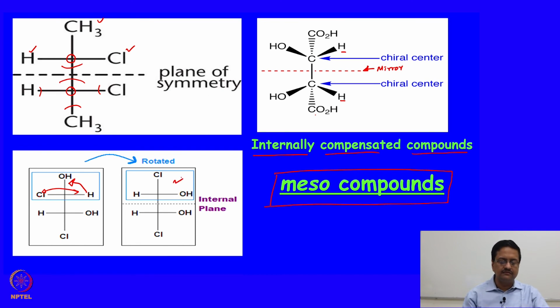These two changes made the molecule look like this, and it again has a mirror plane here. The molecule has an internal plane of symmetry, so this compound is also a meso compound.